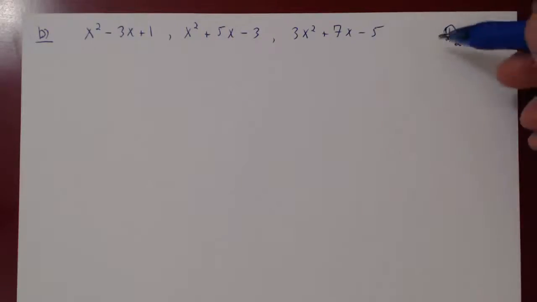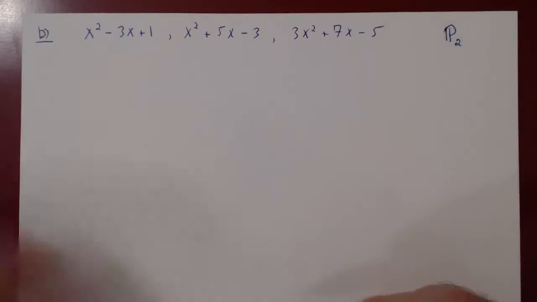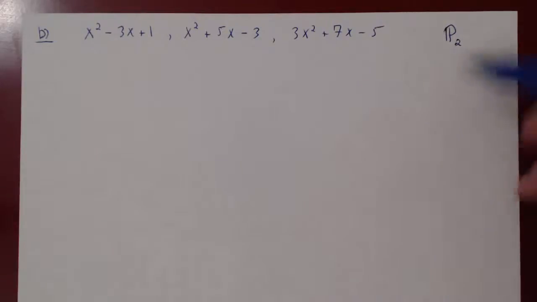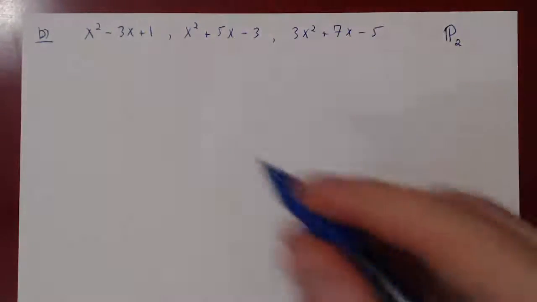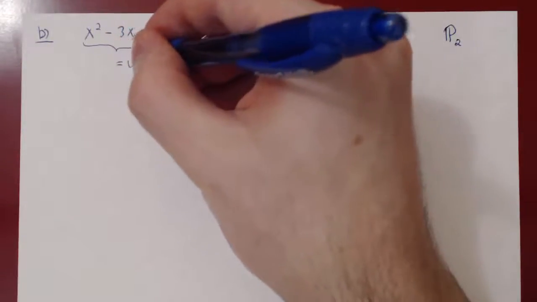If you remember, the set P2 is a vector space that contains all polynomials of degree at most 2 with real coefficients. So we have our vector space, and those are the three elements. And again, we could call them v1, v2, and v3.